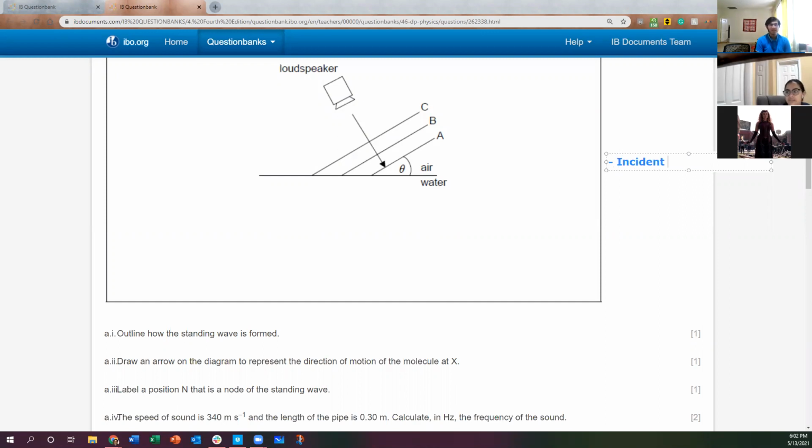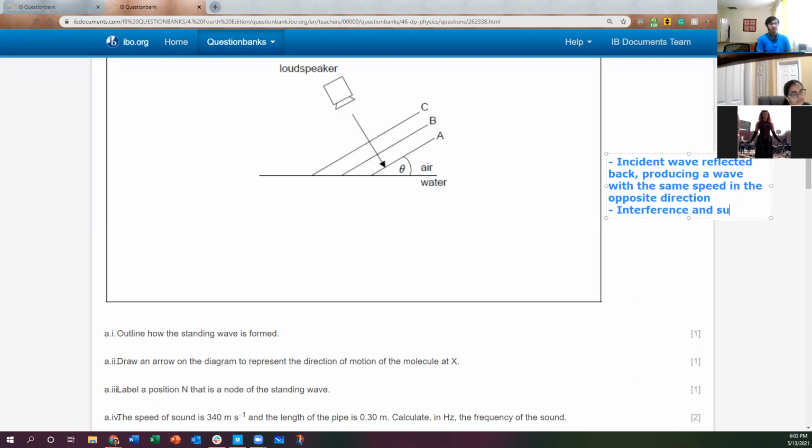You have an incident wave that's going with a particular speed. The incident wave is reflected back, producing a wave with the same speed in the opposite direction. That's the key part.